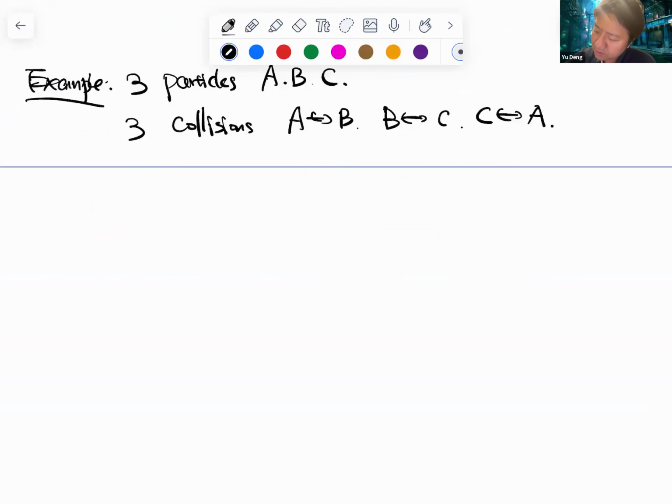We have 2 particles, let's give them different colors.